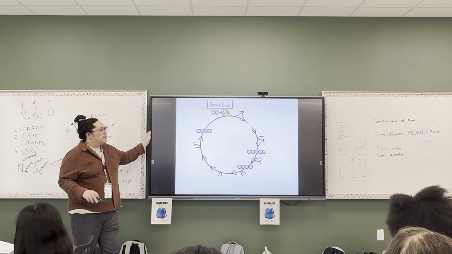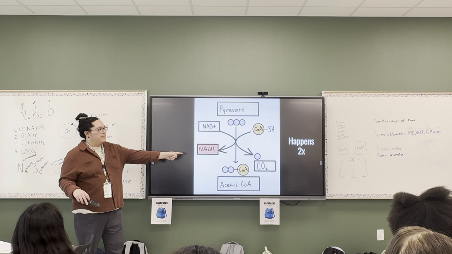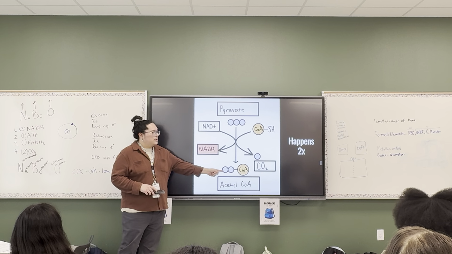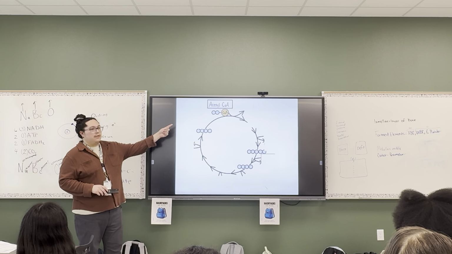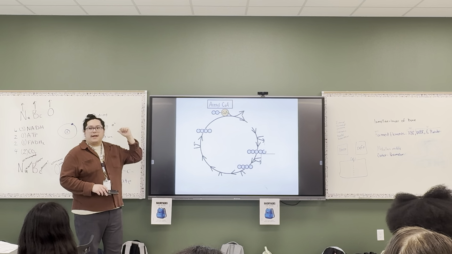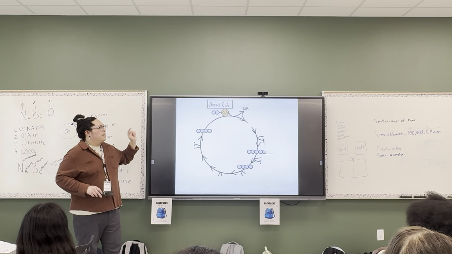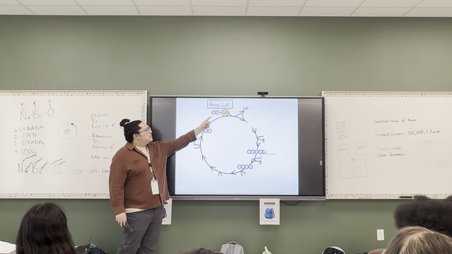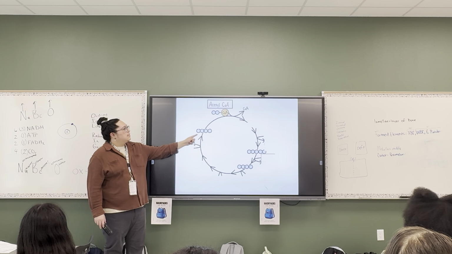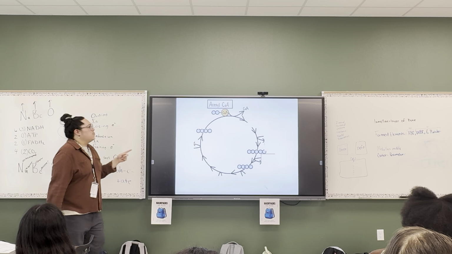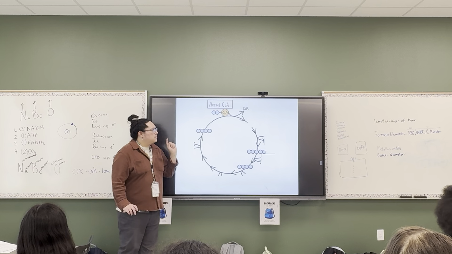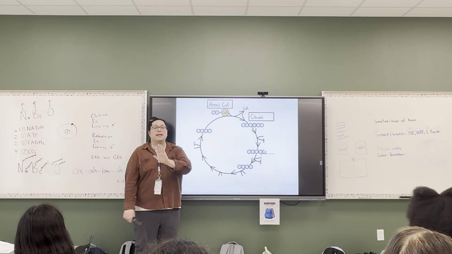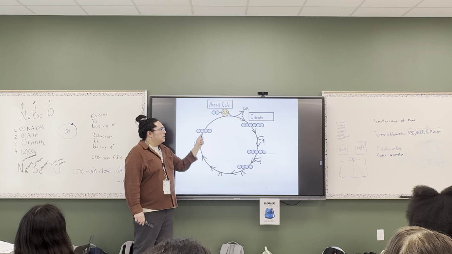It leaves and goes back to the previous step to pick up another two carbons, and then it takes it to here, drops it off, and goes back again and again and again. But this is two carbons, and this is how many carbons? Four. So 2 plus 4 equals what? Again, don't worry about names.